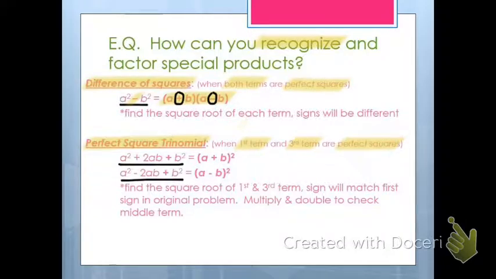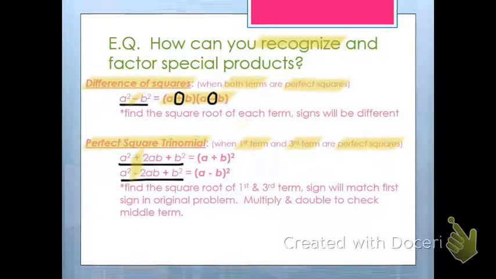Now, I also want you to look at the formulas that I've underlined. You've got a squared plus 2ab plus b squared, and you've got a squared minus 2ab plus b squared. What's the only difference between these two formulas? Signs. Which signs, though? The first signs. Does everyone see? Only the first signs are different. So what does that tell us?